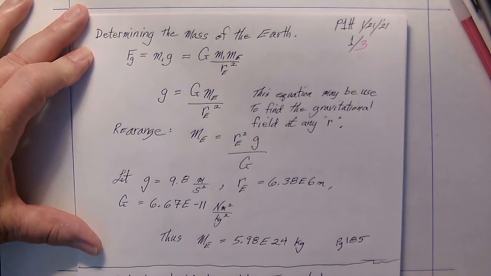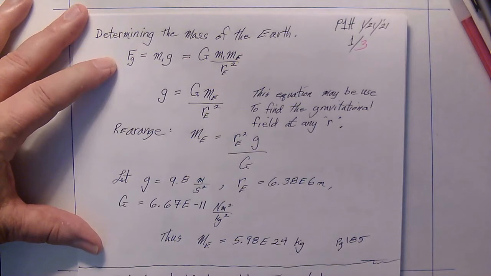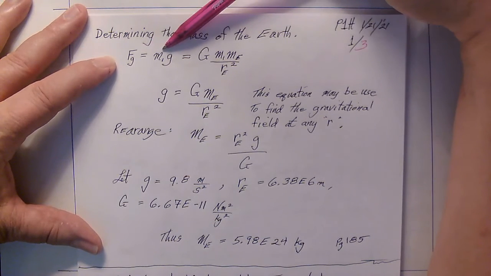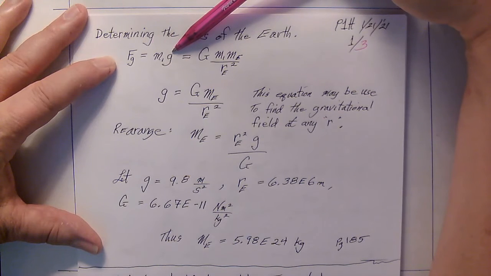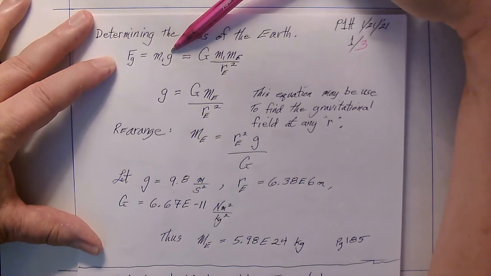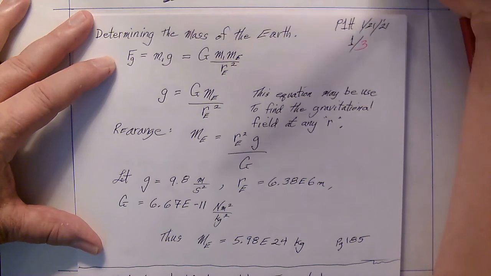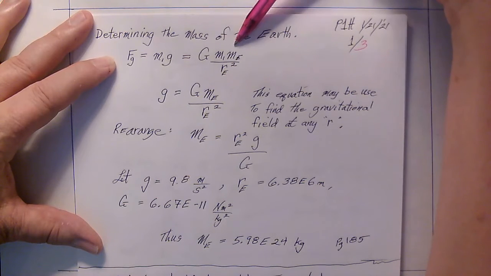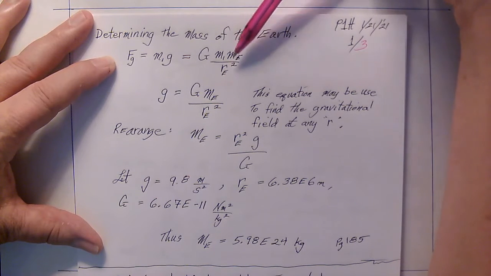Determining the mass of the Earth. We know that the force due to gravity, Fg, is equal to m1 g, where g is the acceleration due to gravity, and using Newton's universal law of gravitation, Fg is capital G m1 me over re squared.